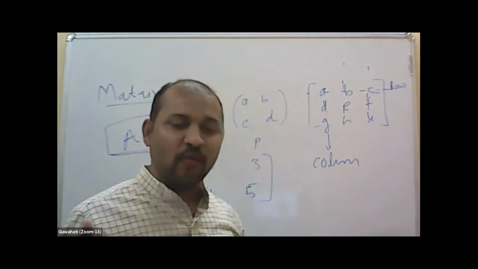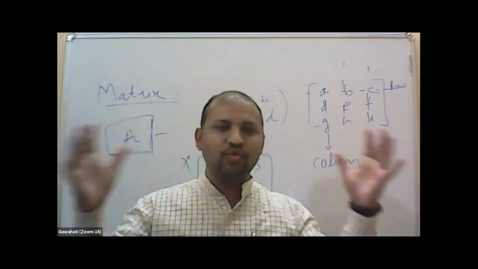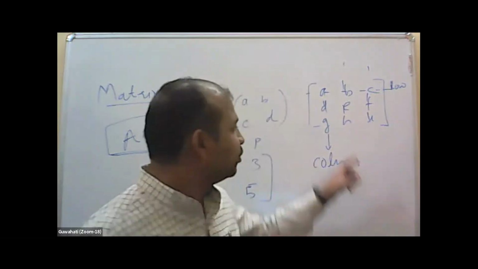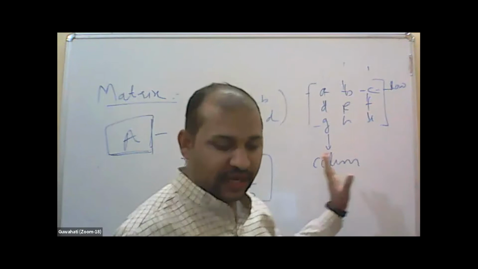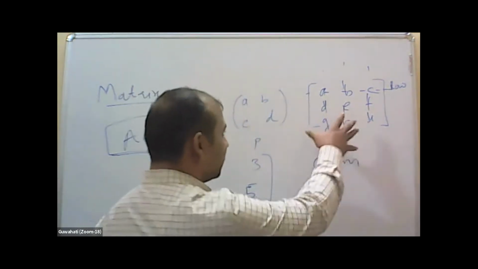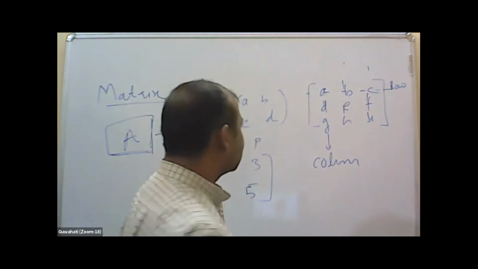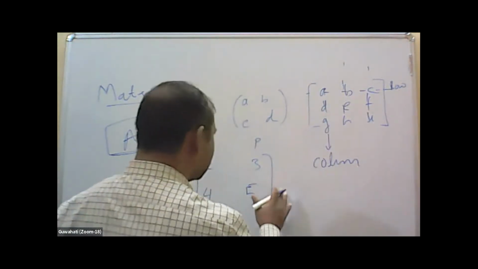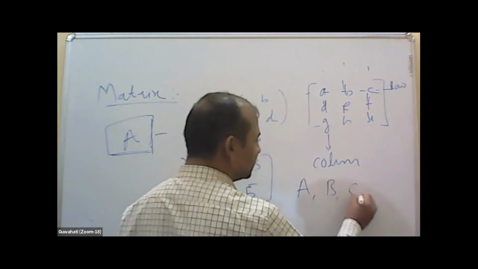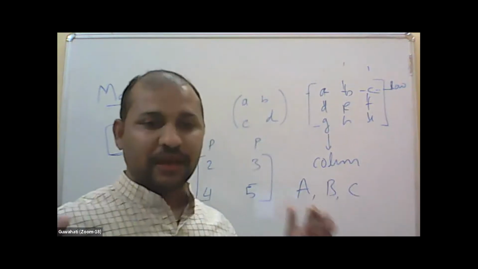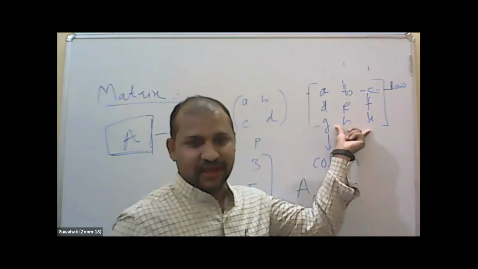I was explaining why we want a matrix: if we have huge data, we can store it using this arrangement and give it a particular name. Generally we denote a matrix by capital alphabets, say A, B, C, D.